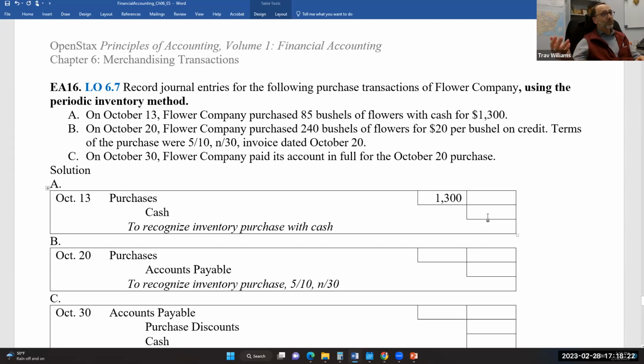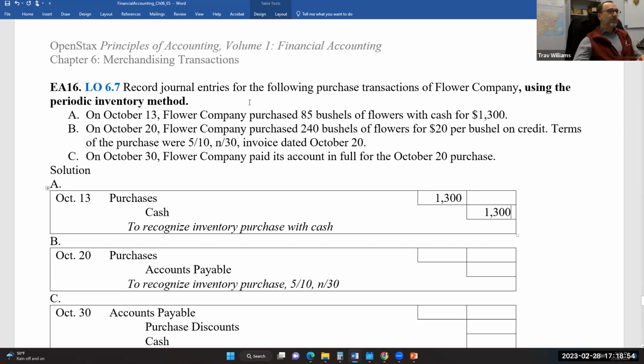Not exactly sure why, but I guess somebody decided to help keep it straight so that you know whether it's perpetual or periodic, you have a different account name, I don't know. But if you're the purchaser and you're using the periodic inventory method, you debit purchases instead of merchandise inventory. And because we paid cash, we credit cash.